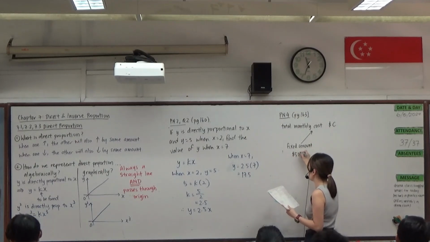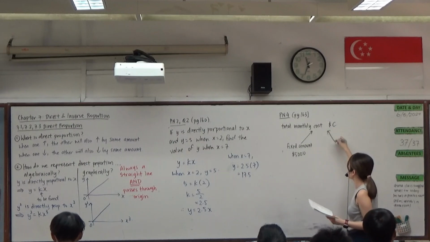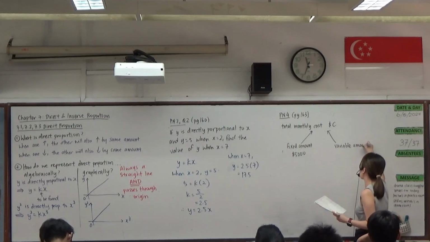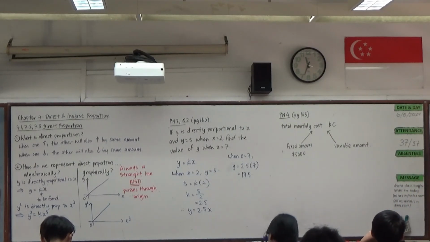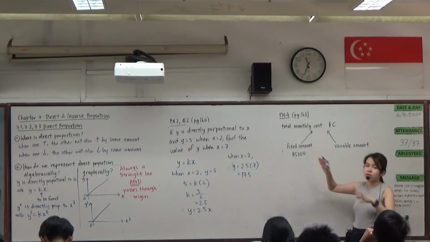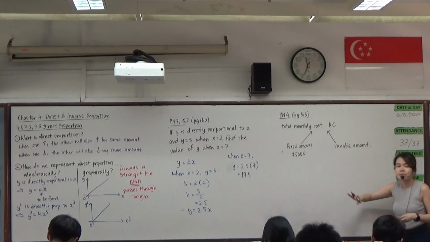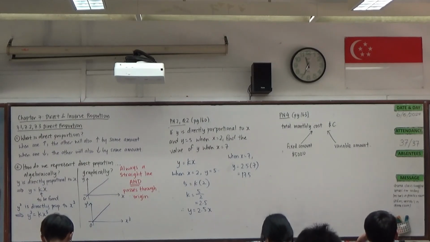Which is $5,000, and then there is also a variable amount. I hope you understand what variable means. Variable means that it changes, so it's subject to change. Unlike your fixed amount, it is confirmed that $5,000 is part of this cost. Then there's this variable amount that is dependent on the enrollment, that means how many people are in the kindergarten itself.